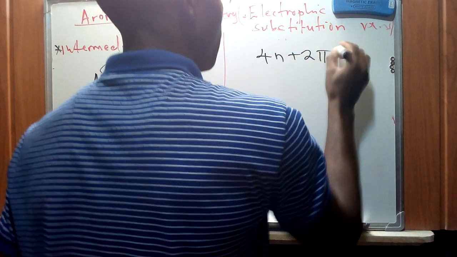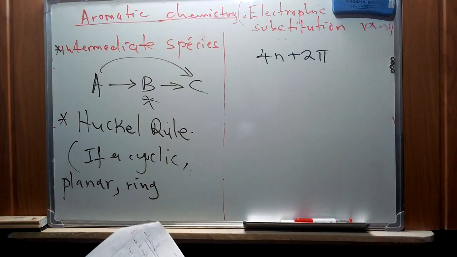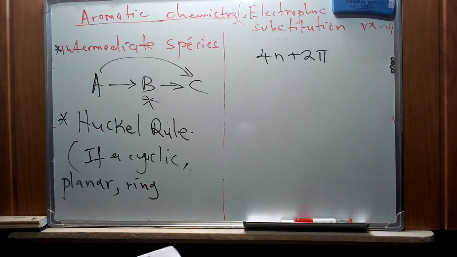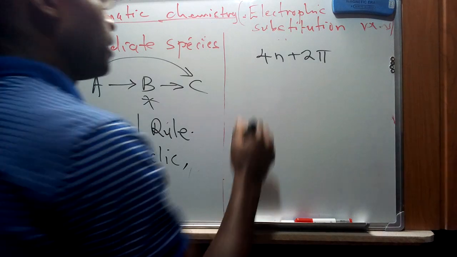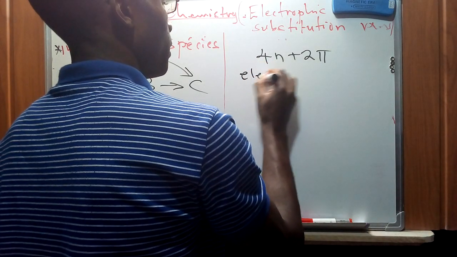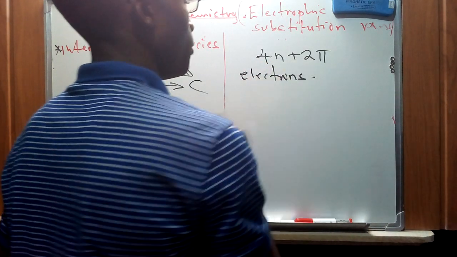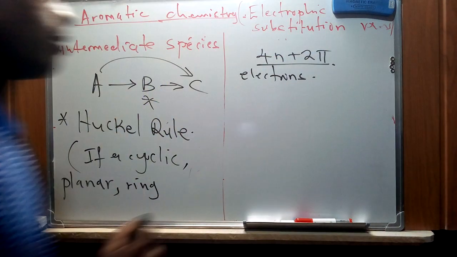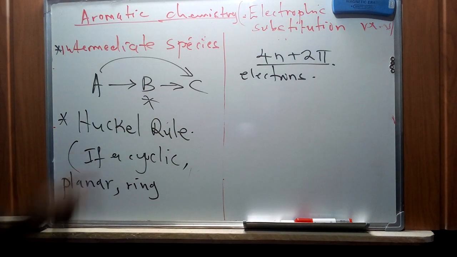This is the number of electrons in that planar cyclic ring. If the number of electrons obeys this formula, then we say that it obeys the Hückel rule, and that kind of molecule will be referred to as an aromatic compound.